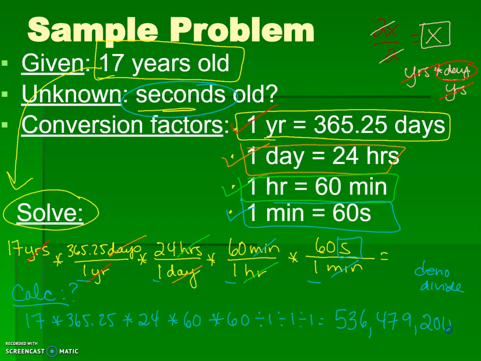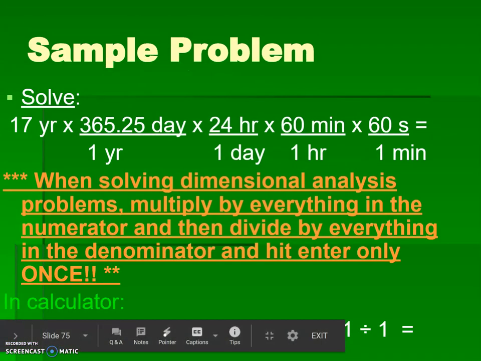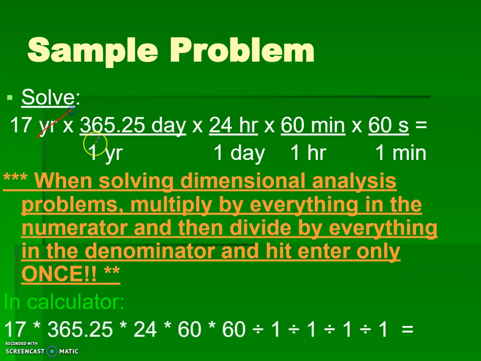536,479,200 seconds if you turn 17 years old right now. All right, so again, make sure that your units cancel out and you go each step making sure that each one of your units is going to cancel out on the other side.